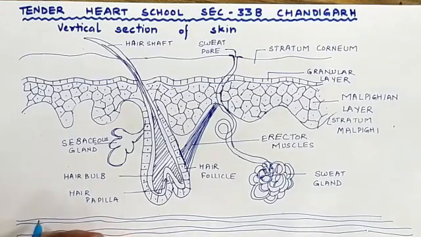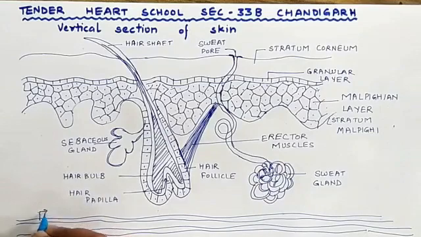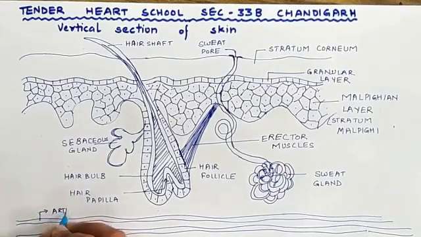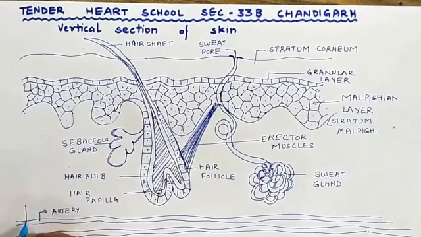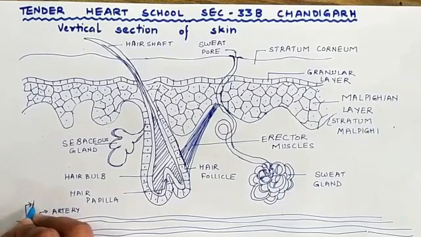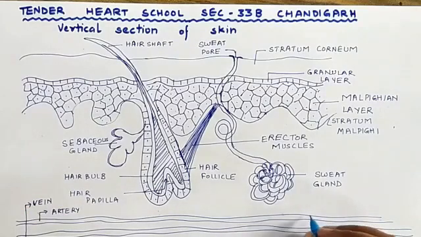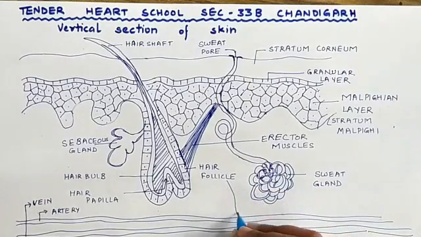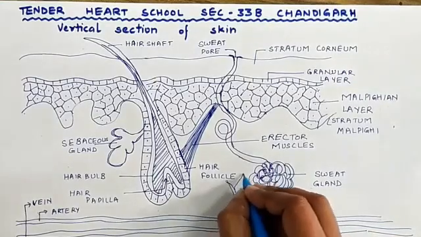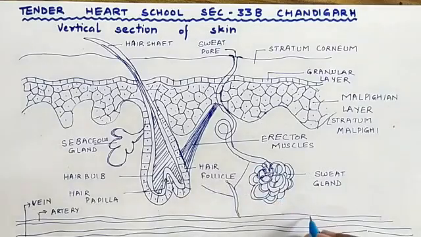So this one we can label as artery, and this one we can label as vein. Various branches of these arteries and veins are going up in the skin and providing nourishment.